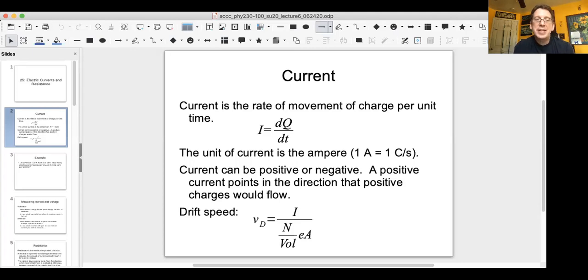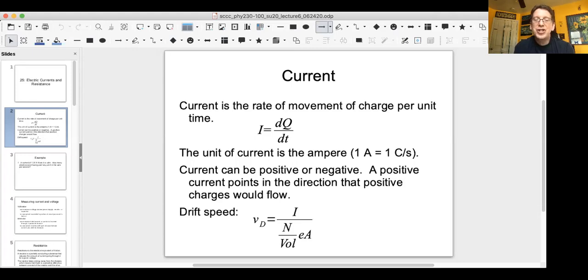Now, the speed of the electrons moving in a wire is equal to the current divided by the electron density, so the number of electrons that are free to move per unit volume, times e, the magnitude of the charge per electron, times A, the cross-sectional area.